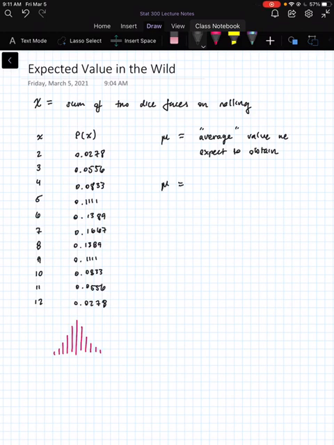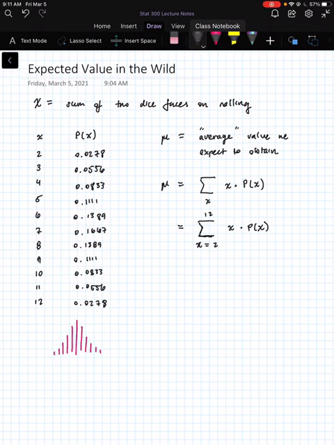So to calculate it directly, remember that we need to sum over all the possible outcomes the outcomes themselves multiplied by their probabilities, so by their likelihoods. And this will give us the expected value. Specifically here, we're looking at the sum from x equals 2 to 12 of x times p of x.